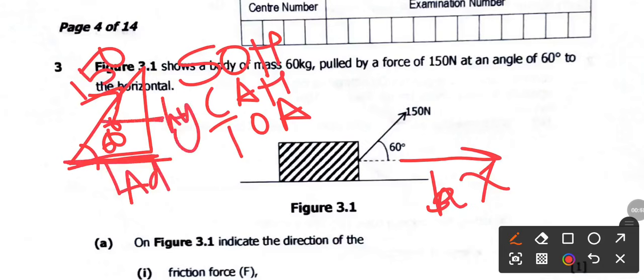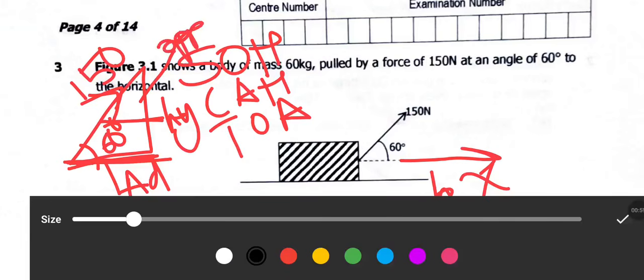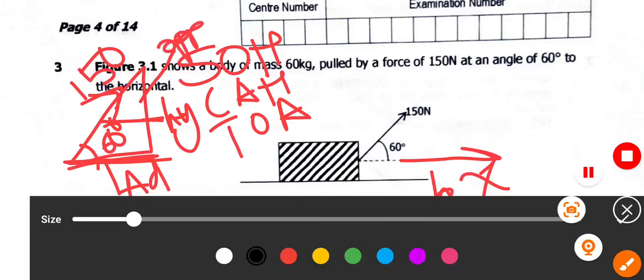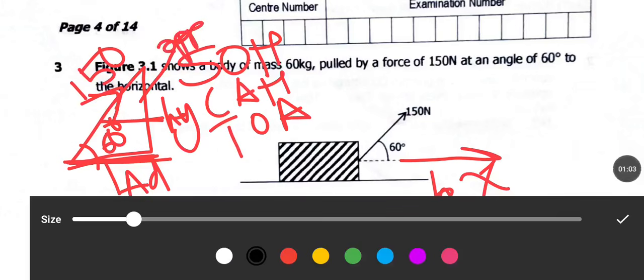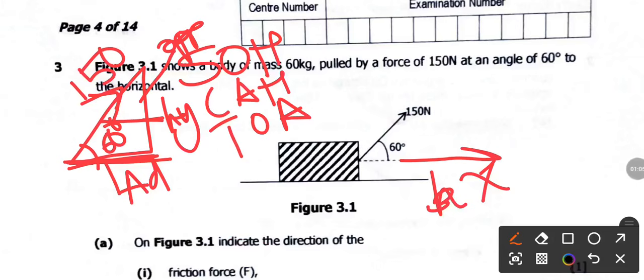The hypotenuse is there, and this part here is what we call the opposite. Okay, so we want to find the value of the adjacent, this value here.